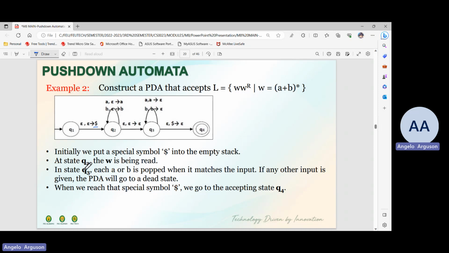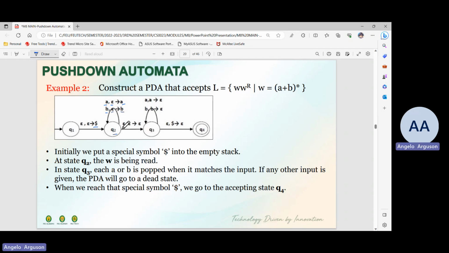And at the state of Q2, the string is being read. We have A as an input, and if our stack is empty, then we push letter A. Or if we encounter a B and our stack is empty, then we push letter B onto our stack.